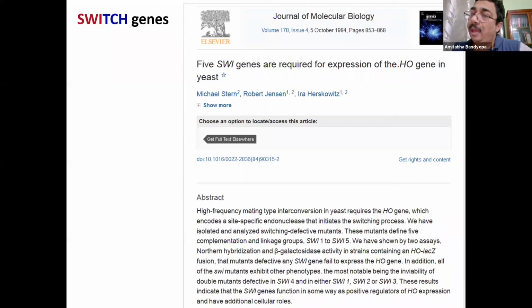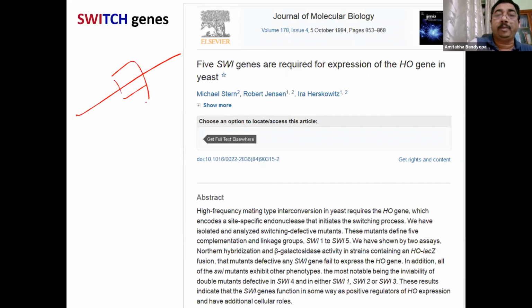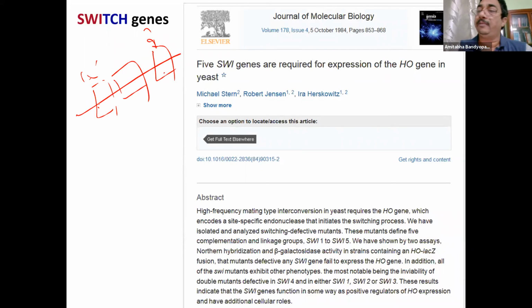So there are two copies, two loci, okay? One here, one here. One is the alpha locus, one is the A locus. Both of these are transcriptionally inactive.